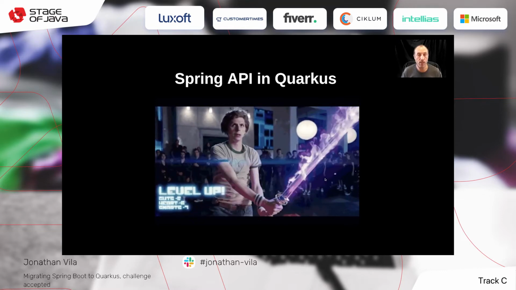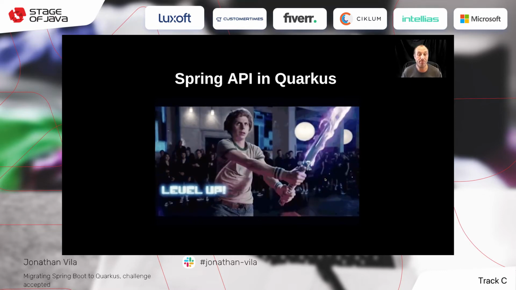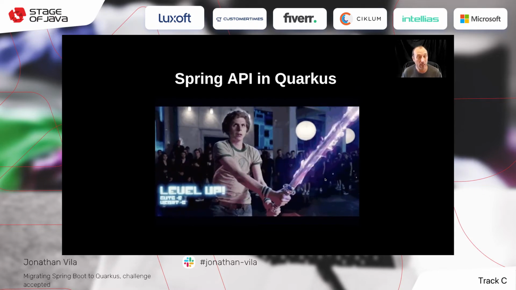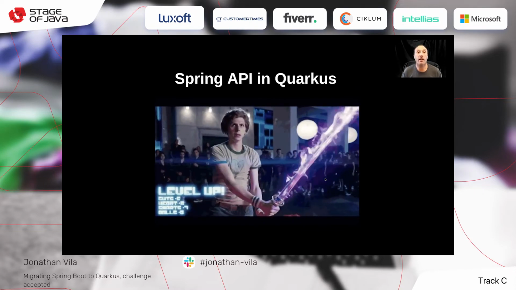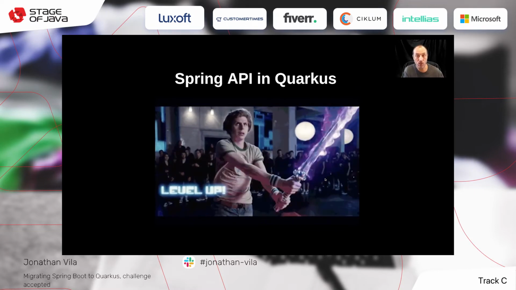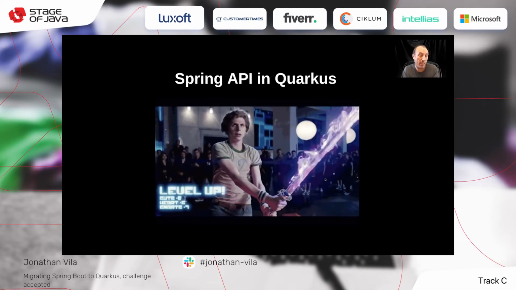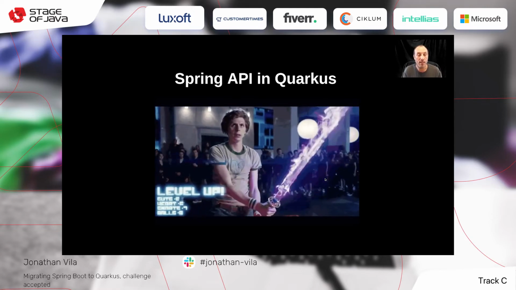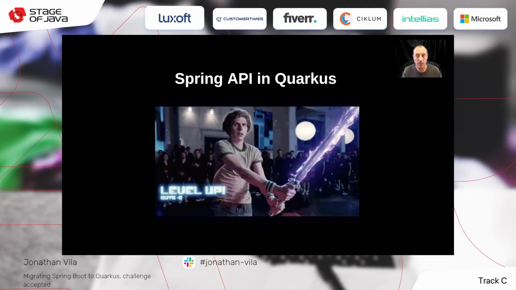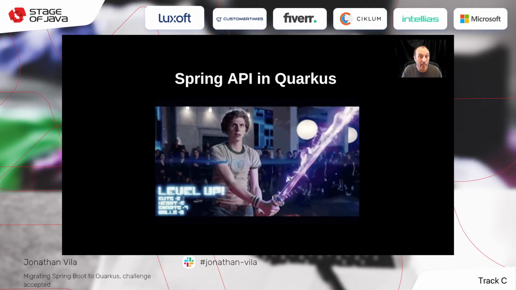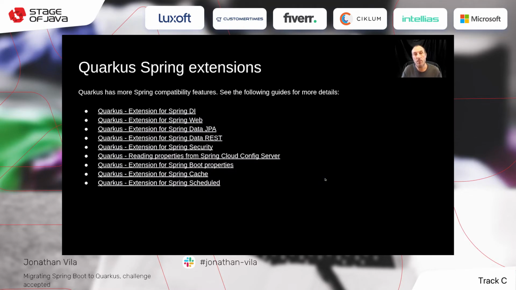So we reach a part where I tell you, okay, forget it. Yes, we can migrate an application using this approach. I did it, but there is a faster way of doing this, which is using the Spring API, but in Quarkus.